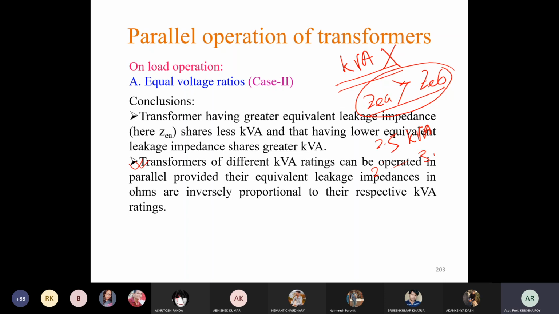That means we have to follow the relation that kVA loading is inversely proportional to leakage impedance. If we do not follow this relation, and suppose randomly we have taken equal kVA ratings and still they have different leakage impedances, then this kind of underloading and overloading problem will be there.